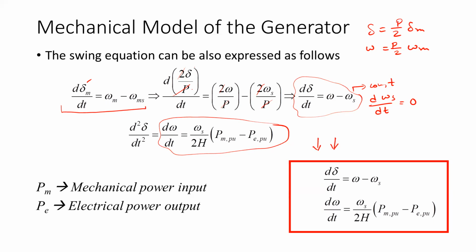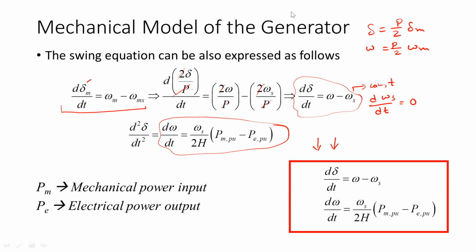What was H in this expression? Do you remember? What was H? No one remembers what H is? So, Sir, H is the inertia constant. Inertia constant, a constant, right?